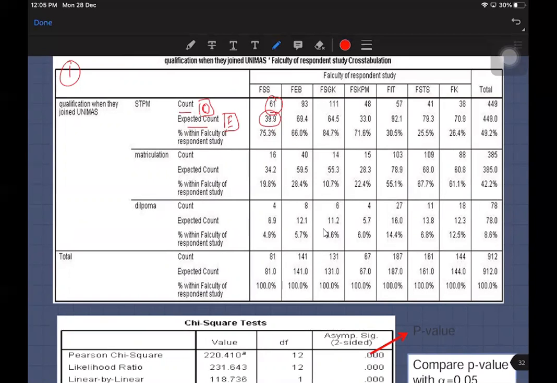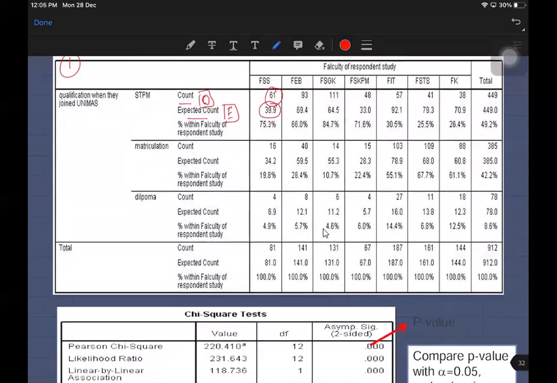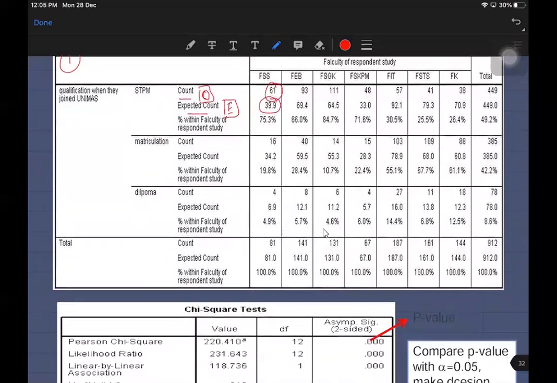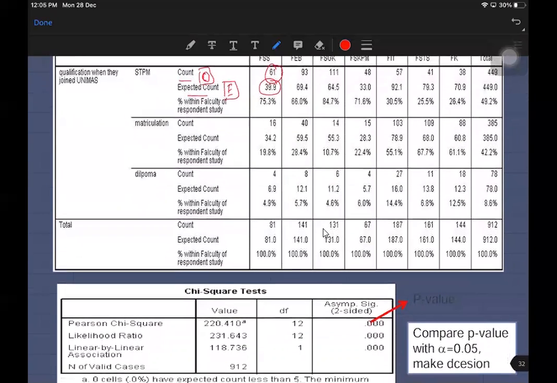E is the expected frequency or expected count. The observed frequency is the frequency that we have collected through the survey. And E is the expected, where we look at the proportion if we favor the null hypothesis. So SPSS will calculate everything for you, SPSS akan kira untuk semua.